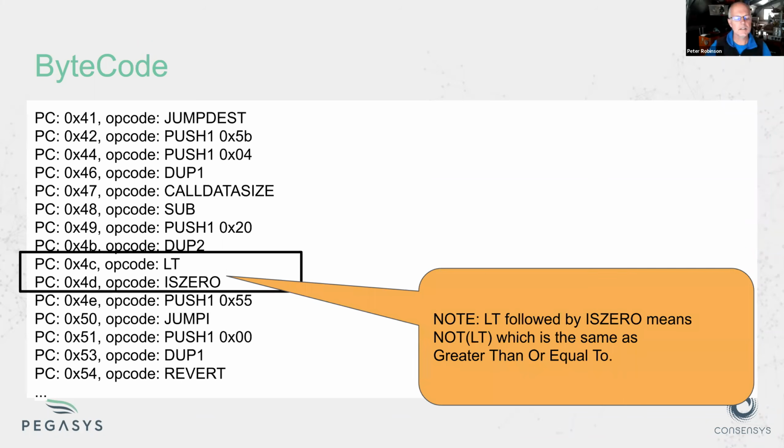And before we jump into analyzing the next block of code, something to understand is, if you ever see LT followed by ISZERO, what we're doing is, less than would set 1 if it was less, and then ISZERO will set it to 1 if it's 0, or set it to 0 if it's not 0. So essentially, LT followed by ISZERO is going to give you not less than, or greater than or equal to.